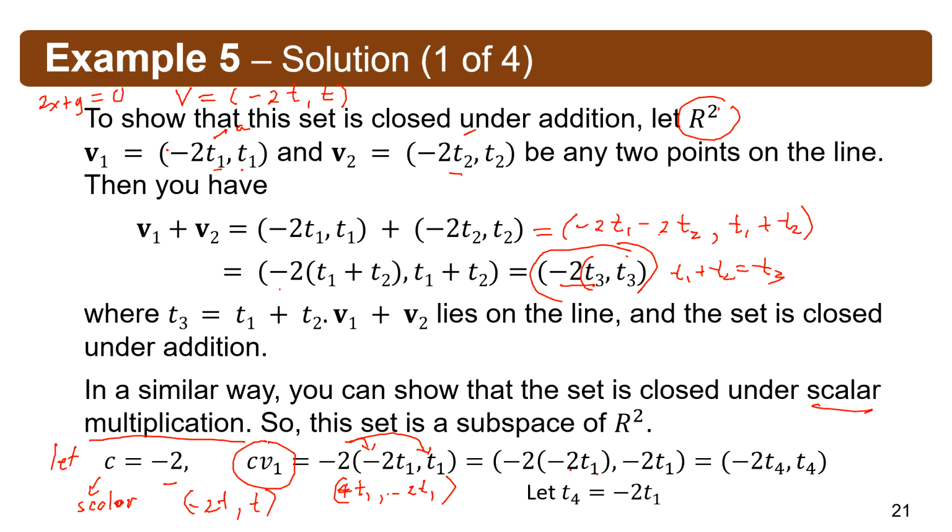If I let this negative 2 t sub 1 be t sub 4, I still have the form negative 2 t sub 4, t sub 4, the same form as this one. So with that, this set is a subspace of R squared. You have proven that the given equation 2x plus y equal to 0 is a subspace of R squared.